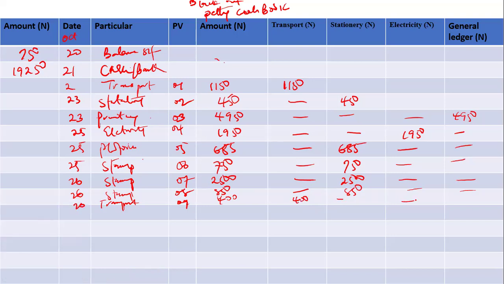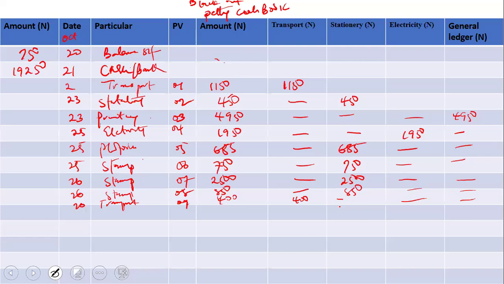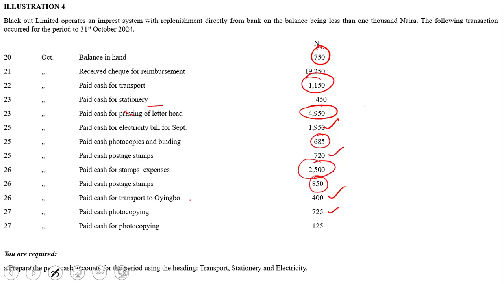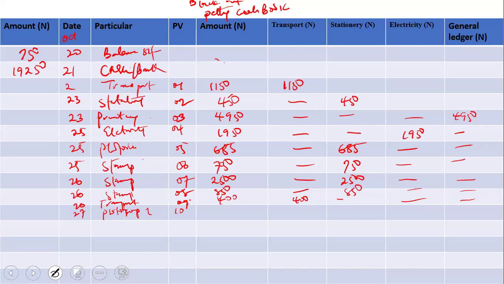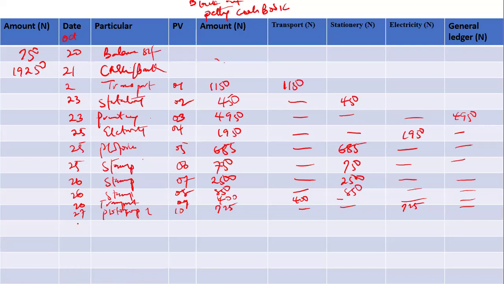100. Next, we have photocopy, that's the 27th. Photocopy, and what's that, it is 10. So what's the amount? That is 725. Next, we'll also move to photocopy 125, that's the 27th, and 11.